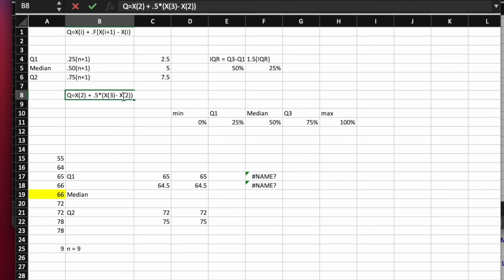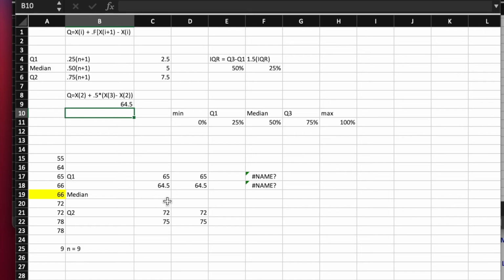So now I will actually use the correct numbers, right? So quartile 1 is equal to x of 2, second value of x, 64, plus 0.5 times x of 3, the third value, 65, minus x of 2, the second value, 64, right?